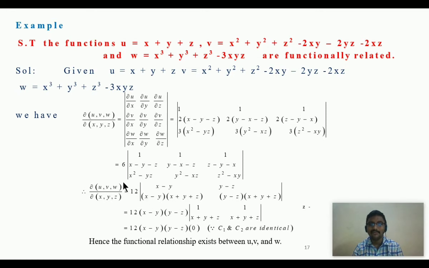That is dou of u, v, w by dou of x, y, z is 0. Whenever the Jacobian value is 0, then the functions u, v, w in that Jacobian are called functionally dependent. Whenever the functions are functionally dependent, then there also exists a functional relation. So clearly proved, there exists a functional relation.